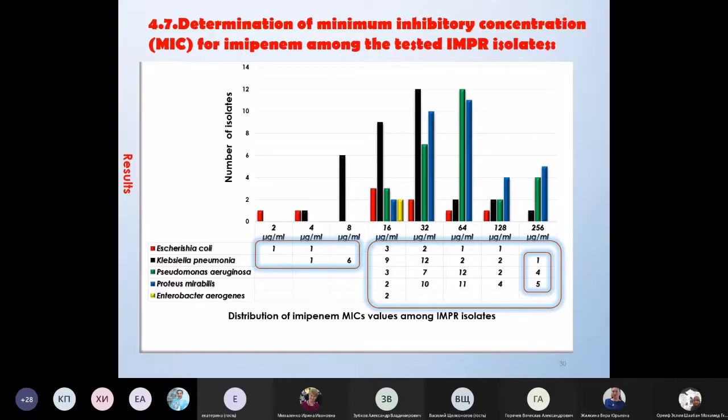But the rest of the isolates were highly resistant, even reaching 250 microgram per milliliter of imipenem concentration.